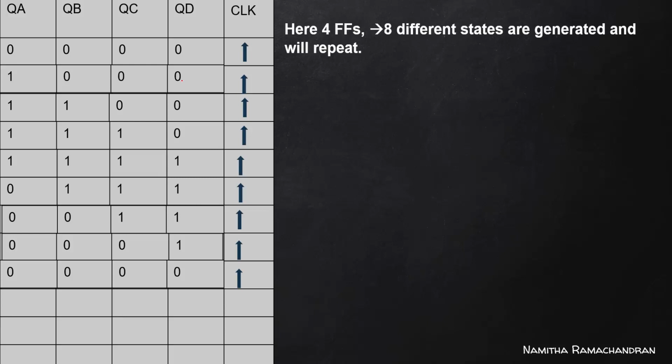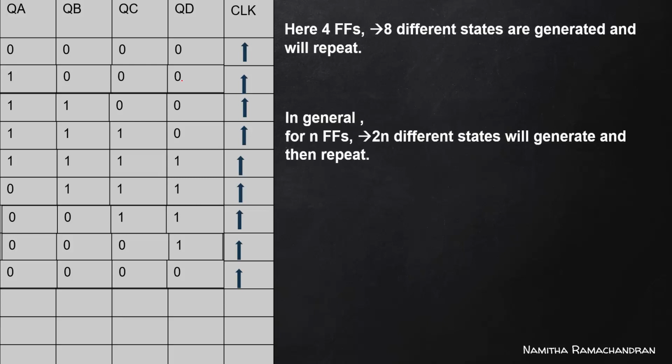Again, the QD output is 0 here, its complement form is fed back to the QA input. So the pattern will be like this. After 8 clock pulses, after generating 8 different patterns, it will start repeating. So this is the case of Johnson.